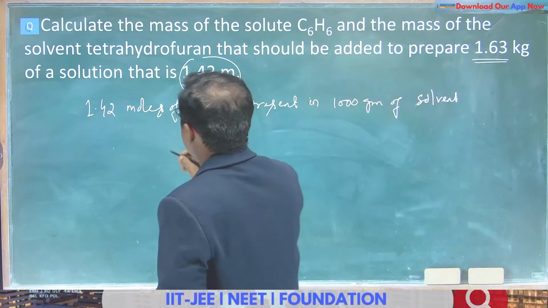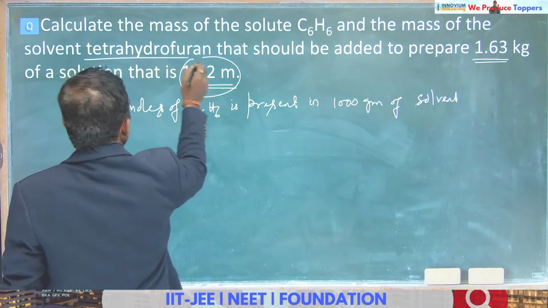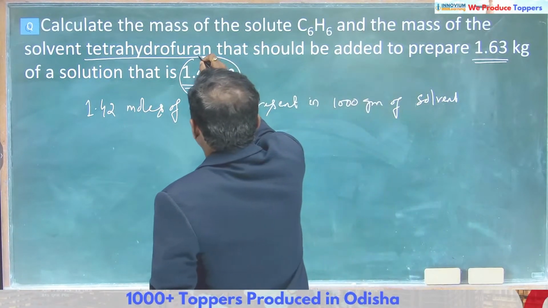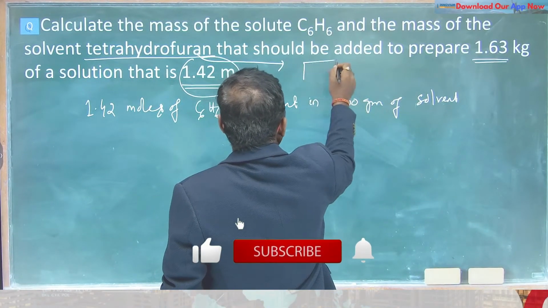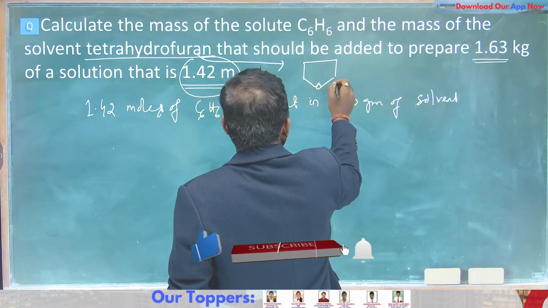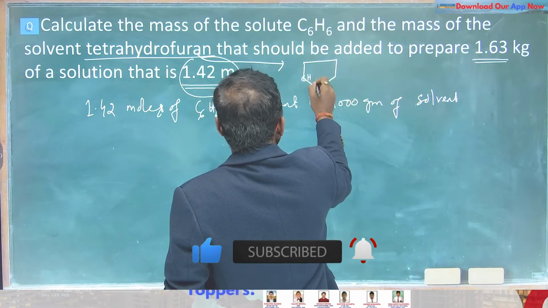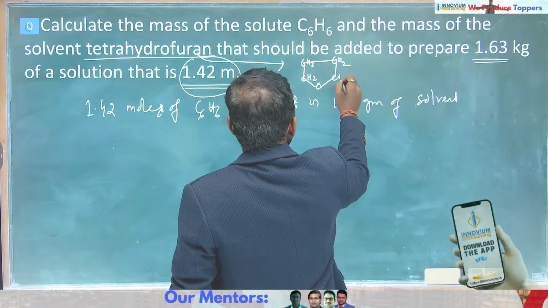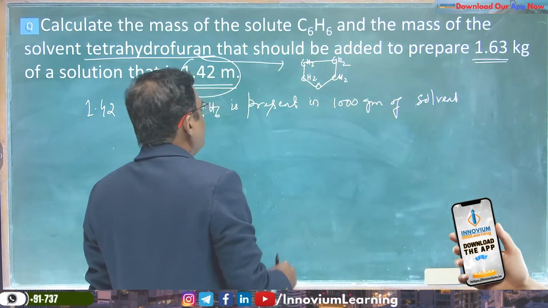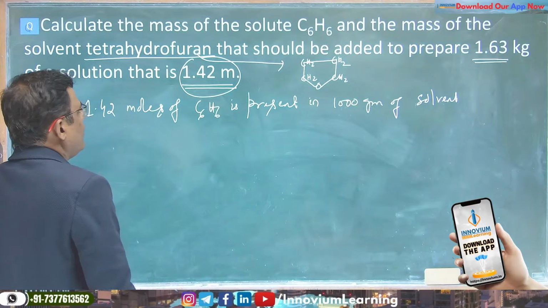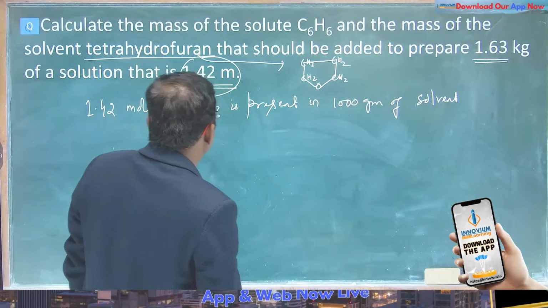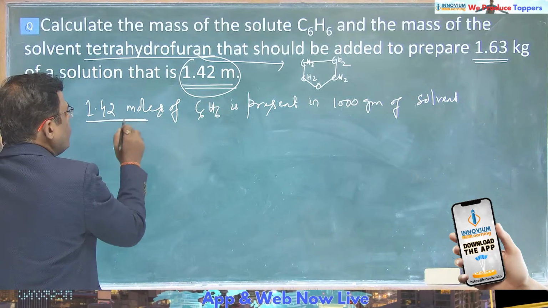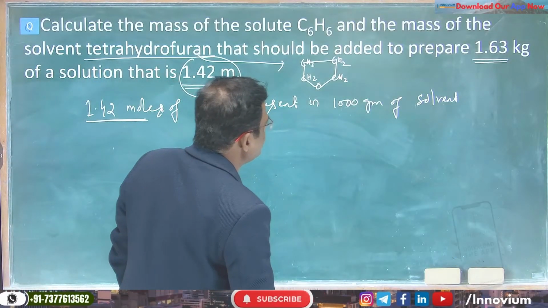What is the formula of tetrahydrofuran? Actually, this is CH2, this is CH2, this is CH2, this is CH2. So this is the formula of tetrahydrofuran, and this is the solvent. Now 1.42 moles of benzene is present in 1000 gram of solvent.